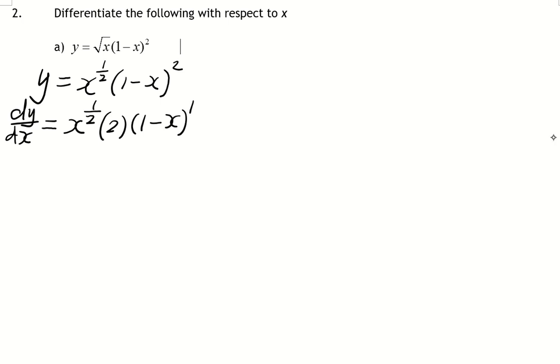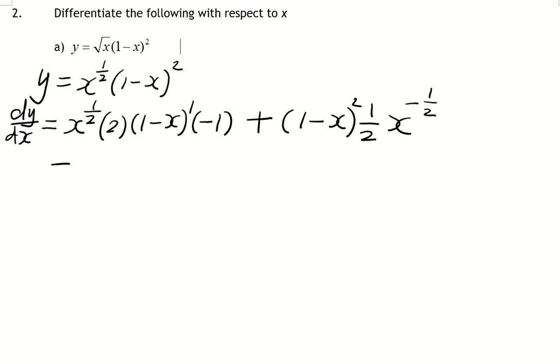Differentiate 1 minus x, you get negative 1. Plus, write down the second function, (1 minus x) to the power of 2, times differentiate the first function. Bring down the power half, reduce the power by 1, so half minus 1, negative half. Okay, so first step, I use the product rule to differentiate this.